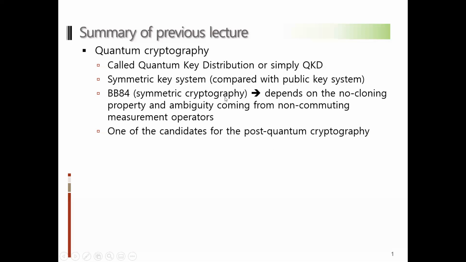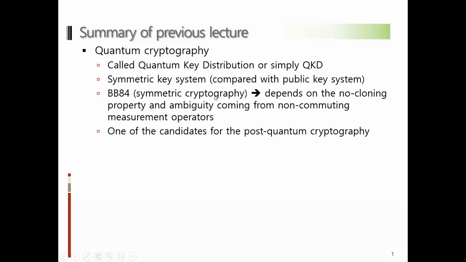When the eavesdropper tries to hide her existence and retransmit the photon which resembles her measurement result, there will always be some error happening on the side of the receiver, Bob.